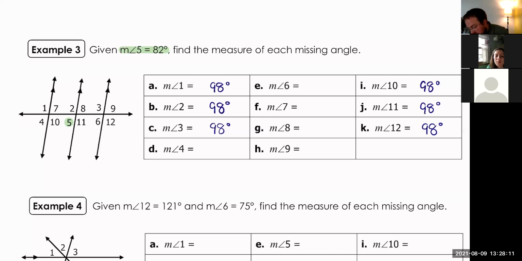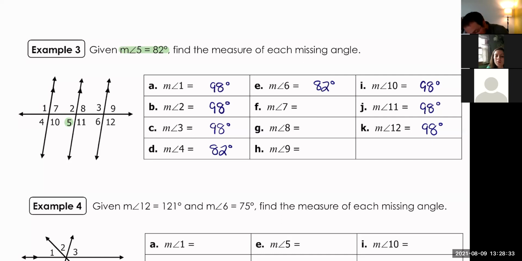I guess if we wanted to, if we go back to our original angle 5, do we have any corresponding angles with 5? 4 and 6. 4 and 6 are both corresponding. That means 4, 5, and 6 should all be the same measure, which we are given 5 to be 82 degrees.